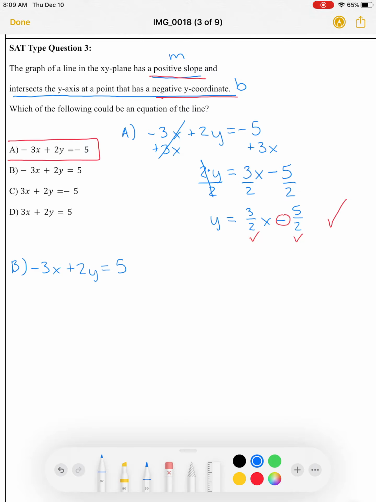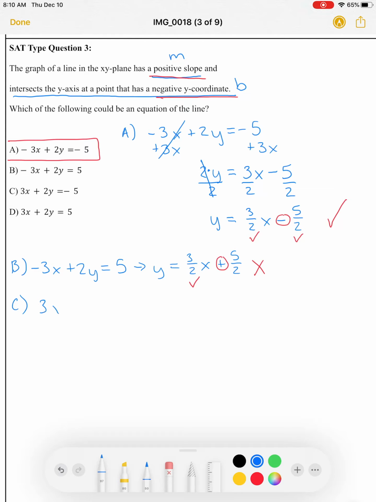With B, if we were to write that in slope-intercept form, we would be left with y equals positive 3/2 x plus 5/2. If we did the same check we did with A, we would see that it has a positive slope, which is great, but it has a positive y coordinate. We want a negative y coordinate for the intercept, so this is not the answer.